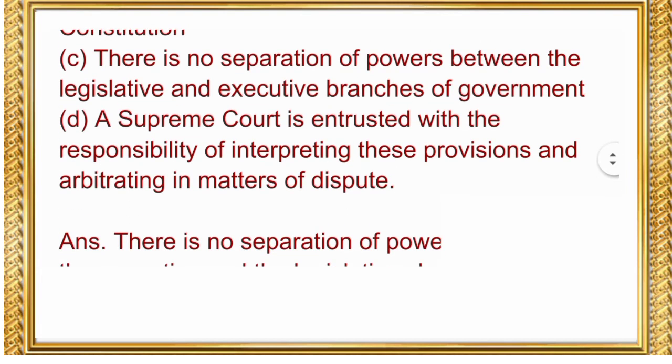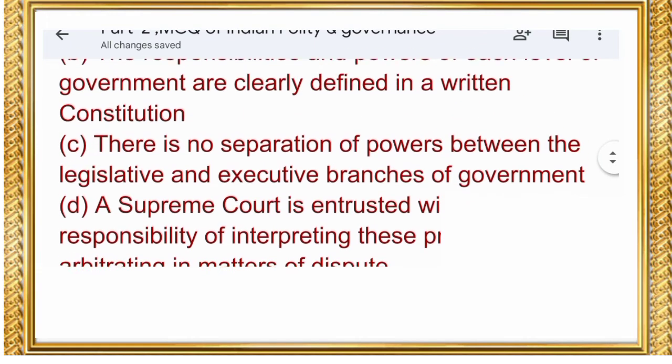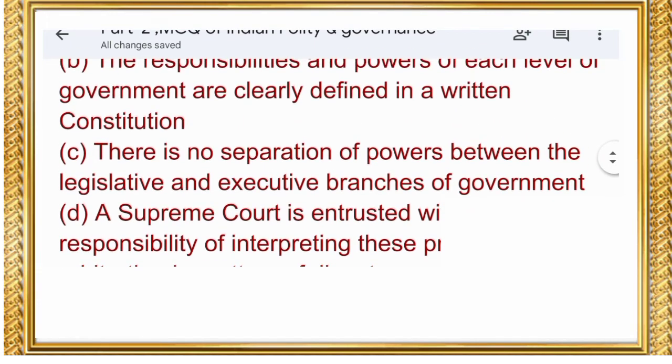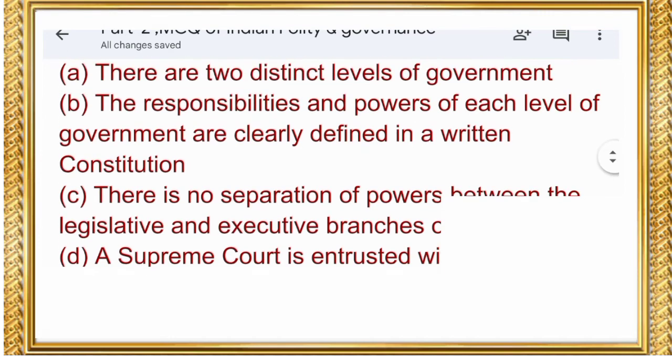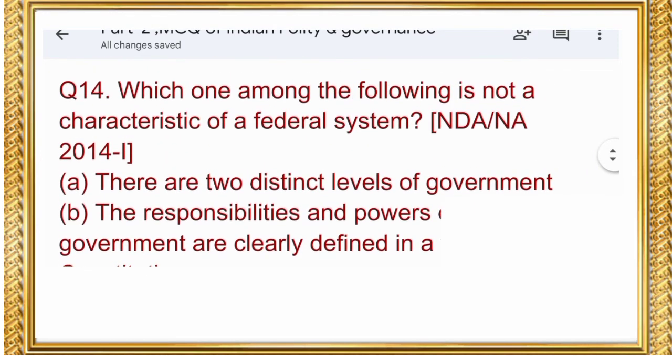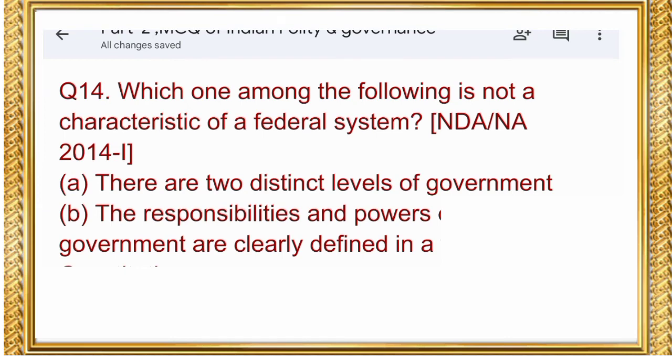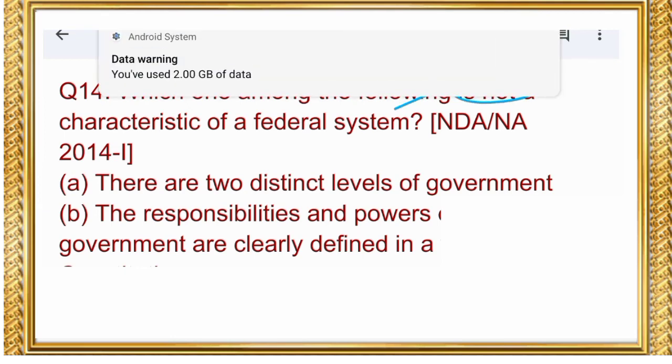And option D, telling that the Supreme Court is entrusted with the responsibility of interpreting these provisions and arbitrating in the matter of dispute. And correct option is C. There is no separation of power between the legislative and executive branch of the government. And we should keep here in mind that he is asking not a characteristic feature.